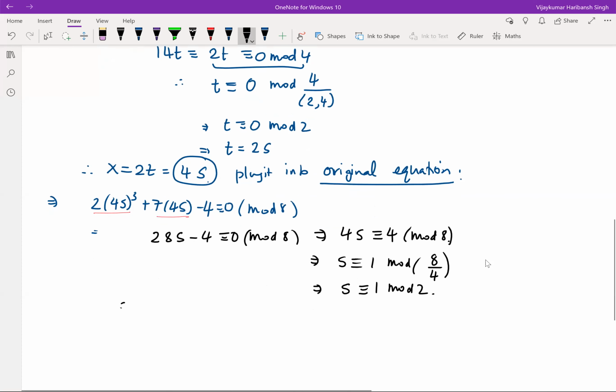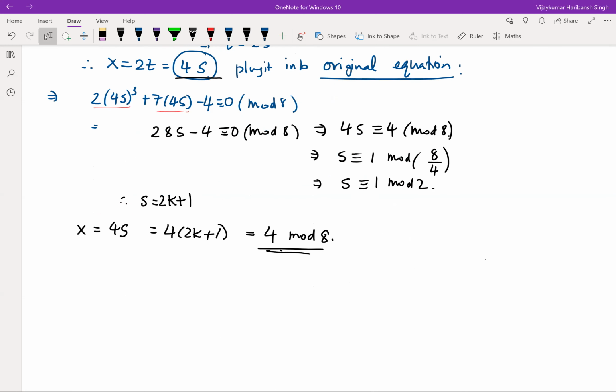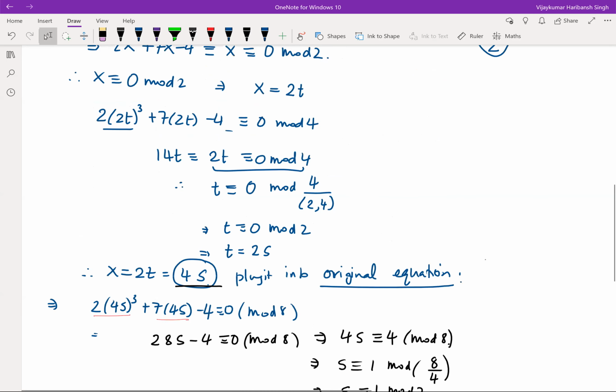Therefore s equals 2k plus 1 for some k. Now let's put it back to find what our x is. Our x is 4s, which is 4 times (2k plus 1), which is 4 mod 8. So x is basically 4 mod 8. Now we have found the solution of this equation mod 8.